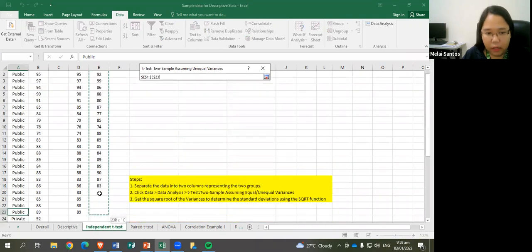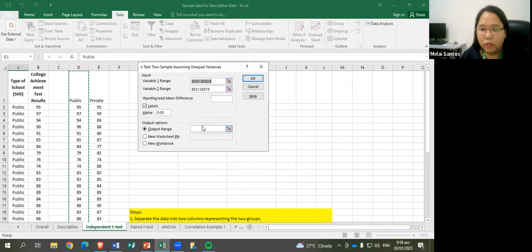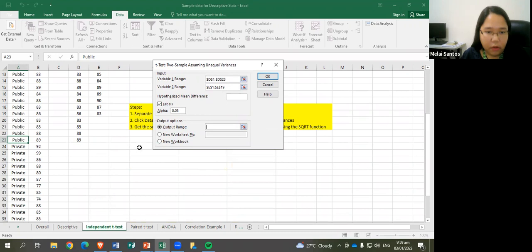Click until here. And since we included the titles, let's put labels. Are you following? And then click output range. Where do you want to put it? I want to put it here. Are you with me?